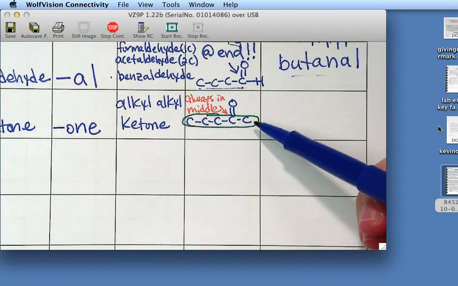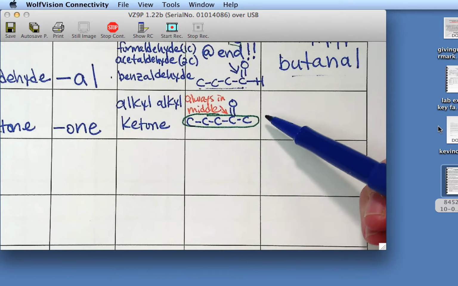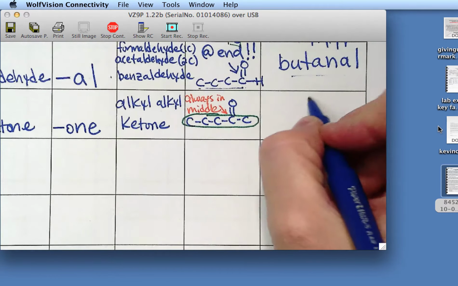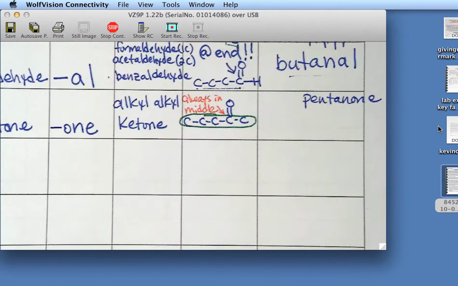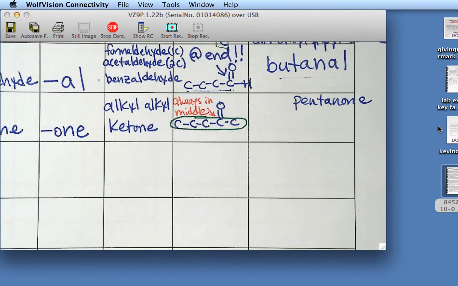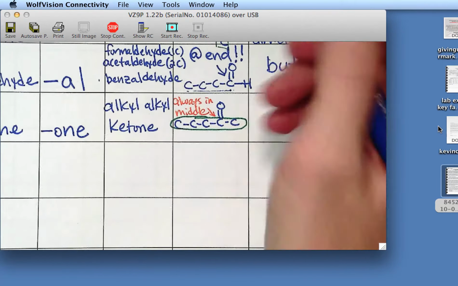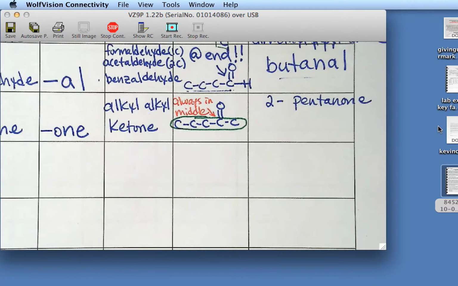So it would be pentane, but you take off the E and you add the O and E. So it's going to be pentanone. And then you need to tell me the number where the carbonyl is. So it's on the second carbon. Because it could be on the 3. Right. Could be 2 or 3.